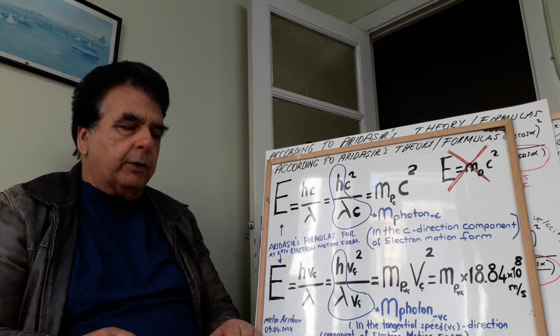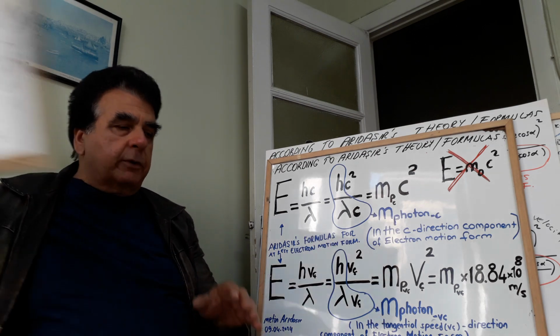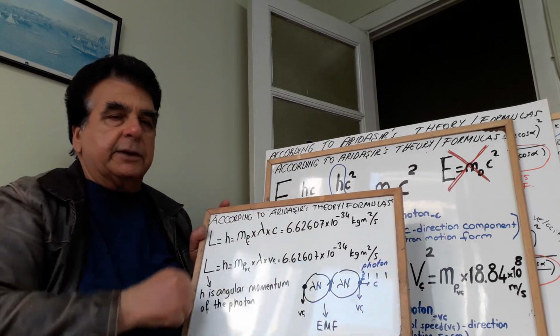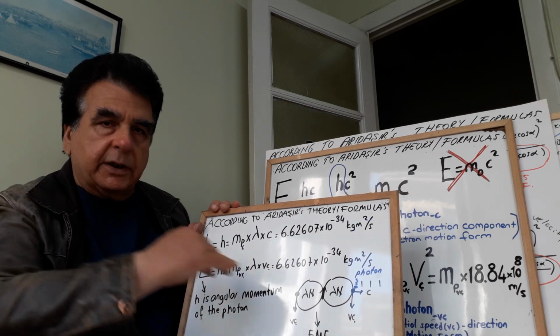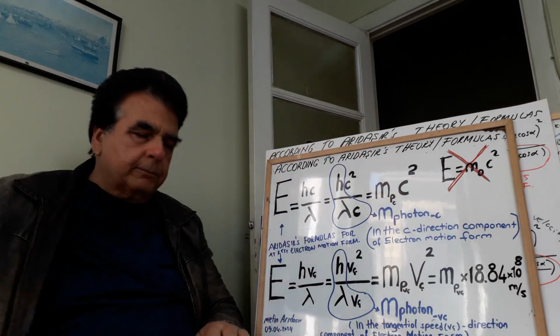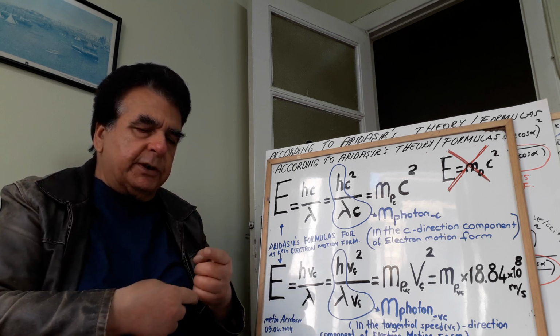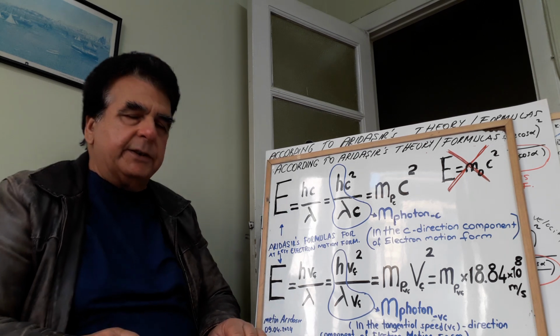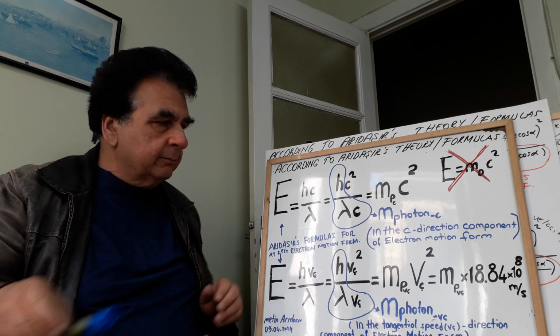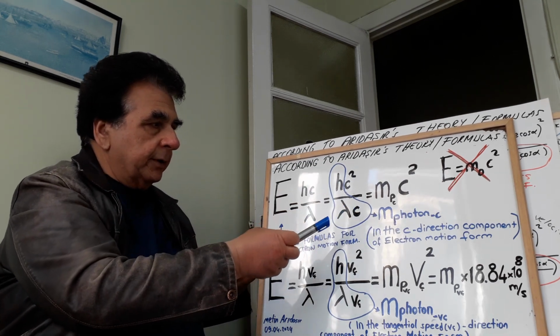So, this is an at rest electron motion form, not relocating. Photon goes on its angular motion, and for the first cycle n is equal to 1.